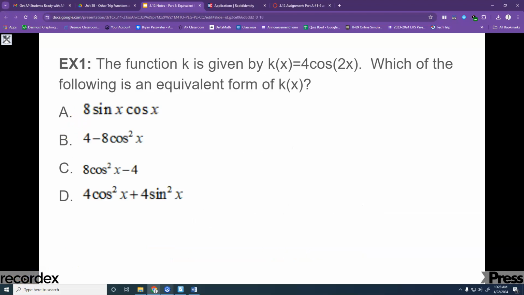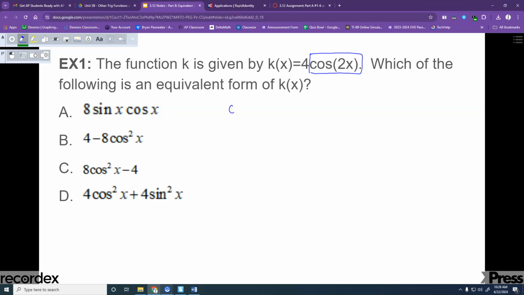So let's look at what some of these questions will look like. The function k is given by k of x equals 4 cosine of 2x. Which of the following is an equivalent form of k of x? So right here we have cosine not of x but of 2x, so all we're doing is replacing it with the identity.